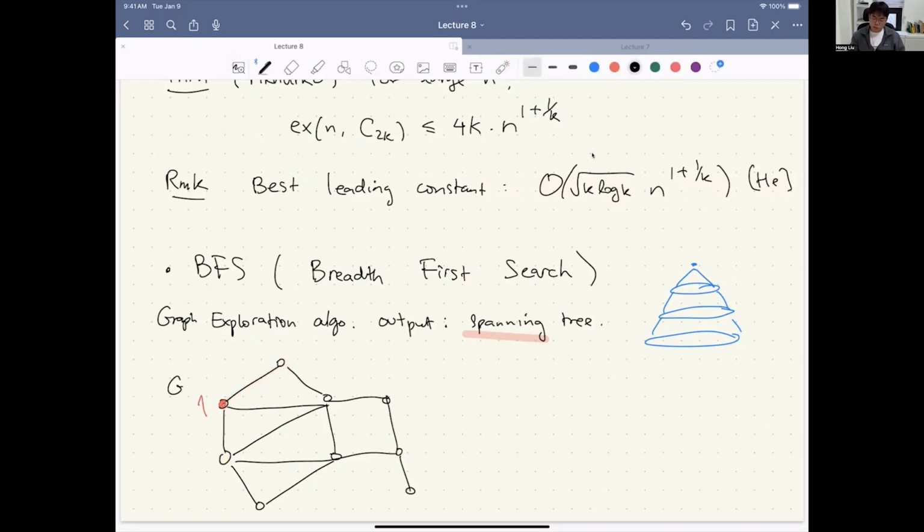So this is the second vertex. Then we don't continue from vertex 2. Remember, we have to finish all children of 1.